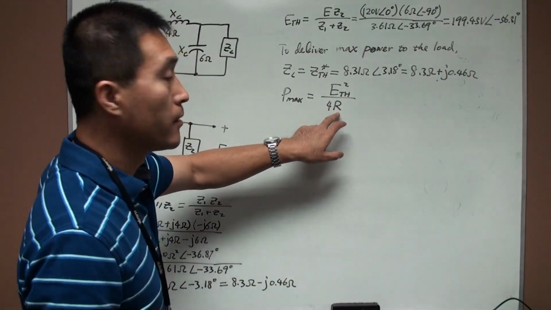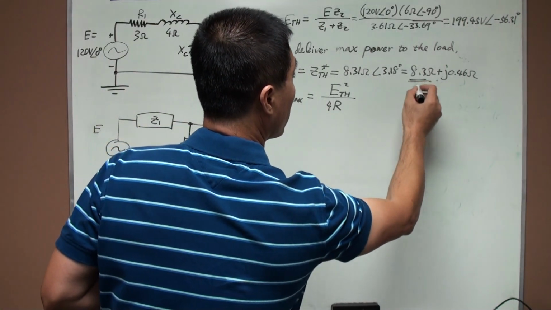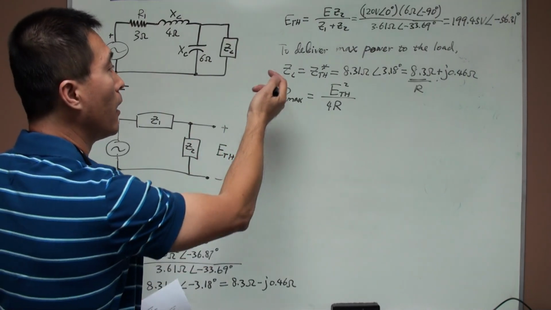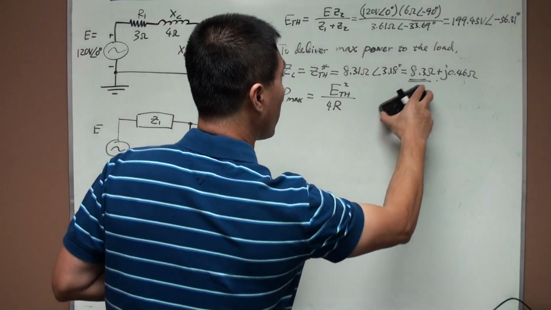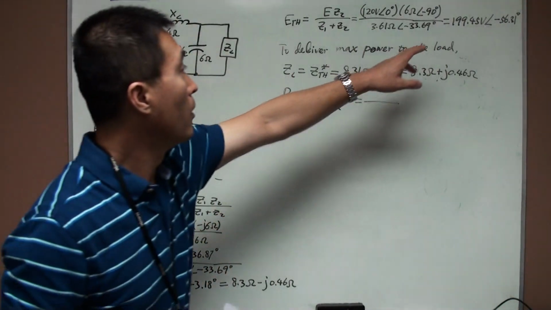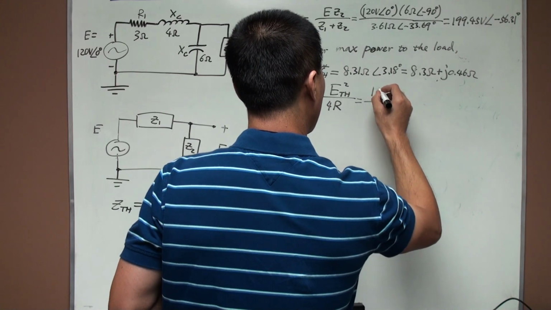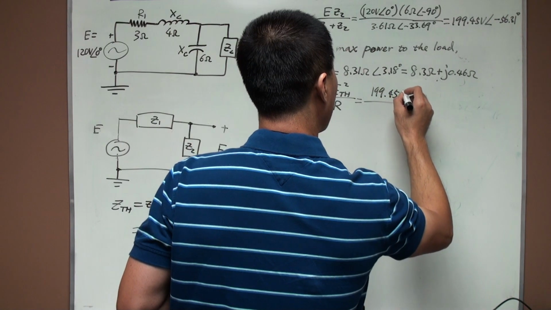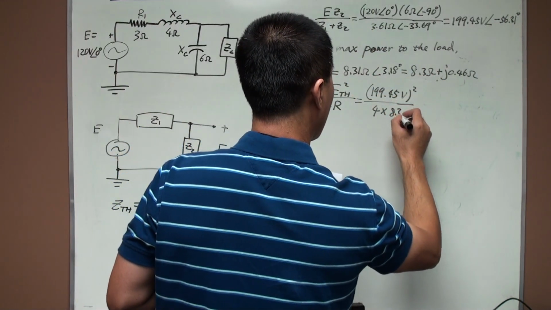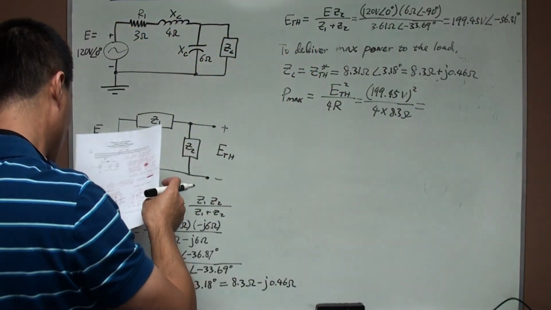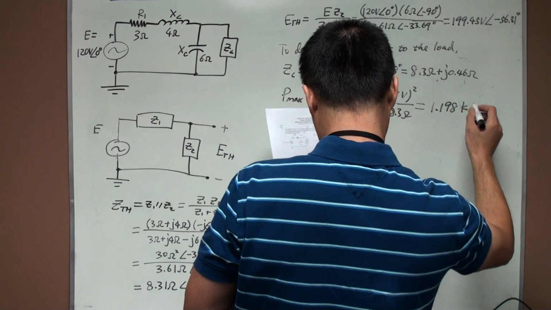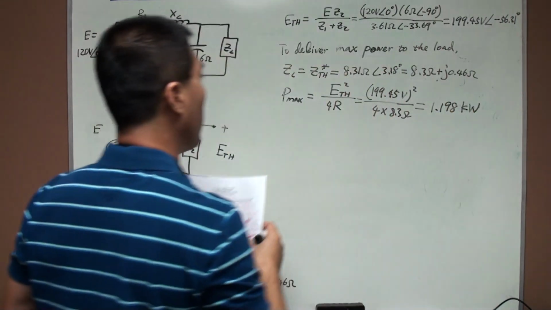This R is the resistance in the load, not the other R. So it is equal to ETH, 199.45 volts, squared over 4 times R, which is 8.3 ohms. Doing the calculation, it will be 1.198 kilowatts. That will be the maximum power.